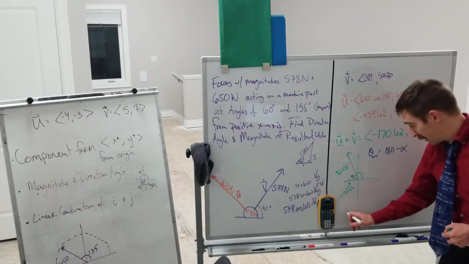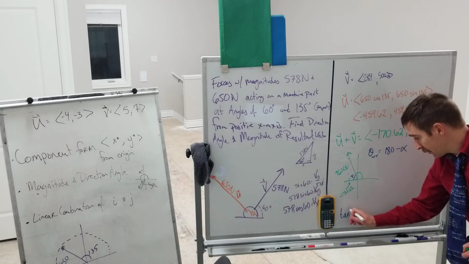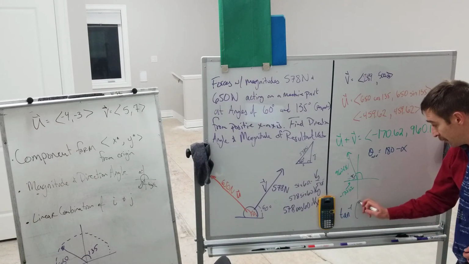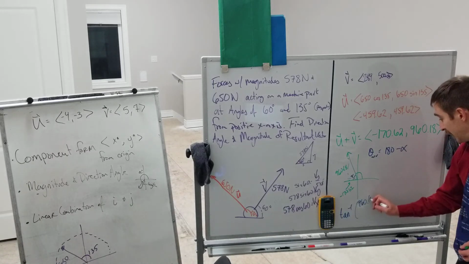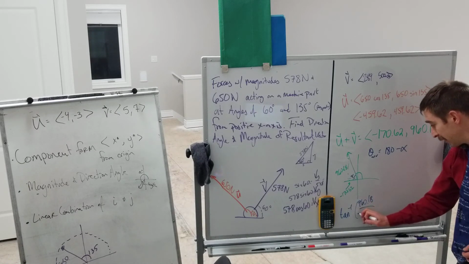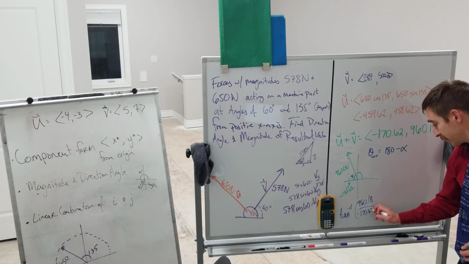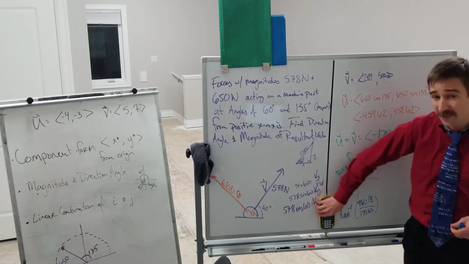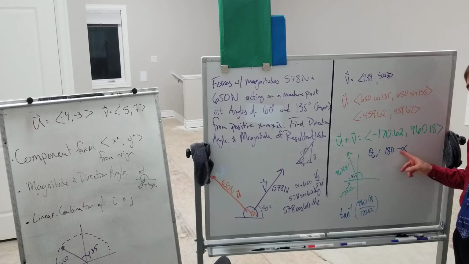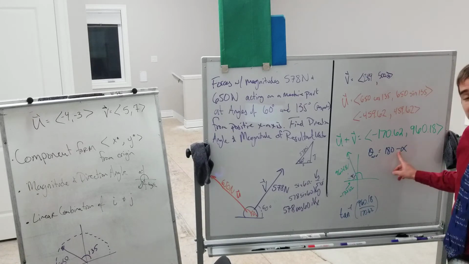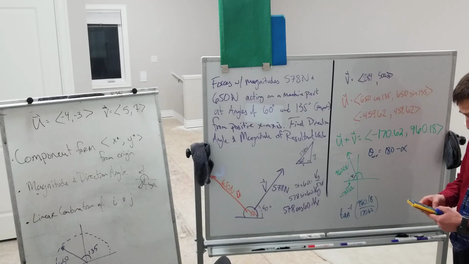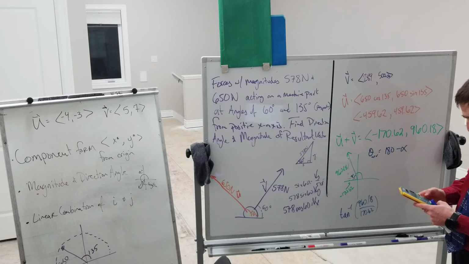Alpha here is going to be the inverse tangent, the arctangent of the opposite over the adjacent. So 960.18 divided by 170.62. Get rid of the negative, I just want that alpha to be positive. Doesn't matter if it's negative or positive. I'm taking care of the negative by going 180 minus it. If you use negative here, you go 180 plus that negative. So tangent inverse, 960.18 divided by 170.62.